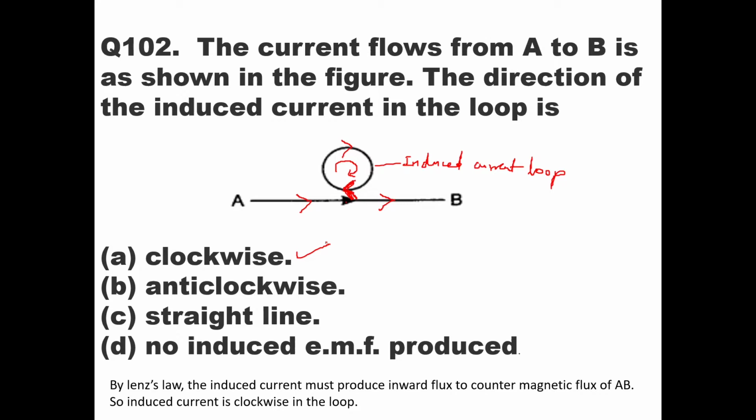As given in the explanation, by Lenz's law the induced current must produce an inward flux to counter the magnetic flux of AB, so the induced current is clockwise in the loop.